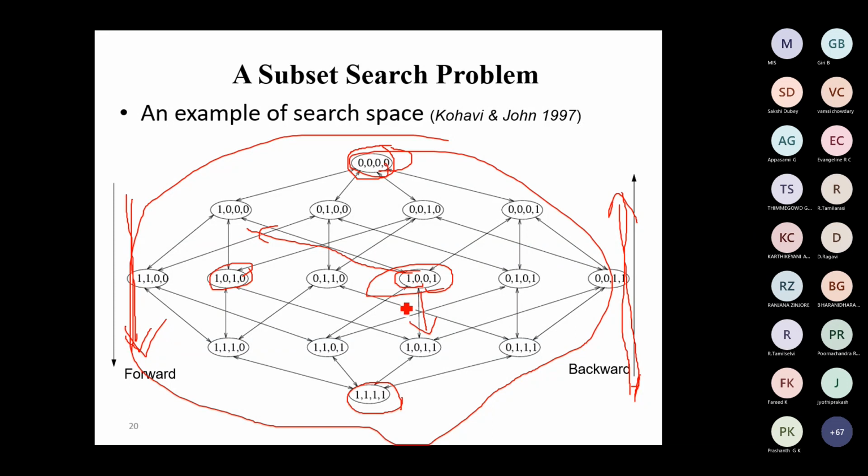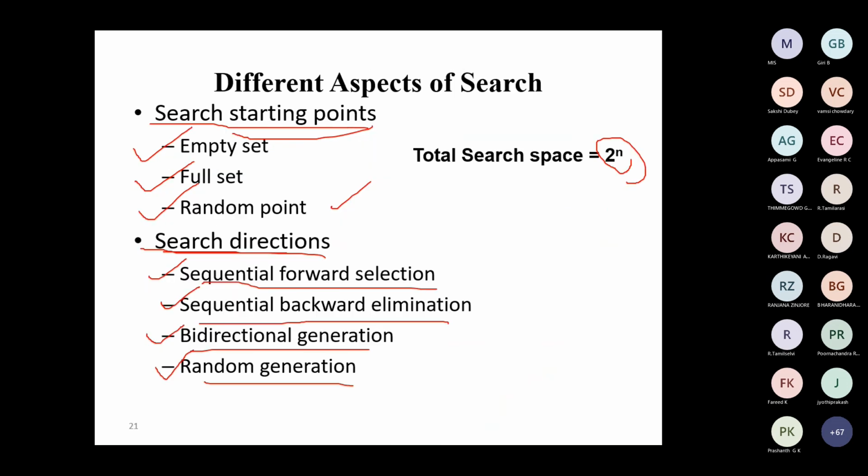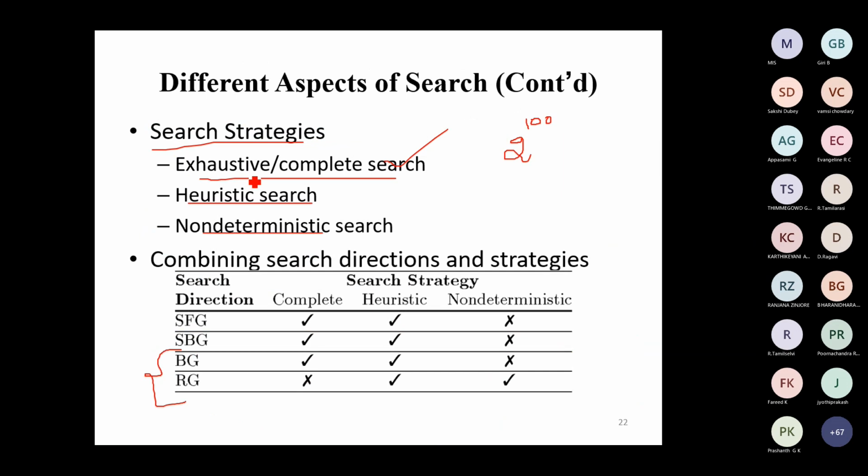These are used if the search space is very high, so we use a heuristic approach and a non-deterministic approach. So here are the search directions: sequential forward generation, sequential backward elimination, bidirectional generation, random generation methods. And the search strategy is mapped here.